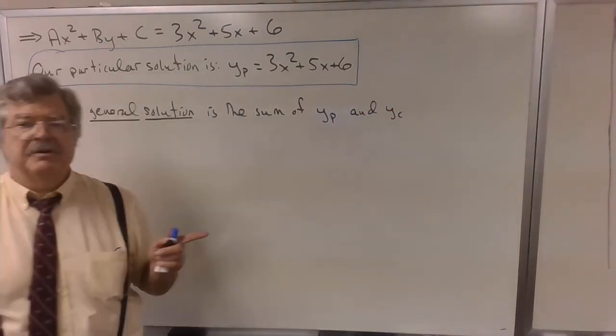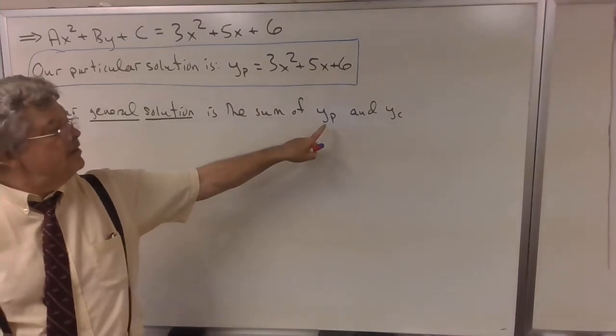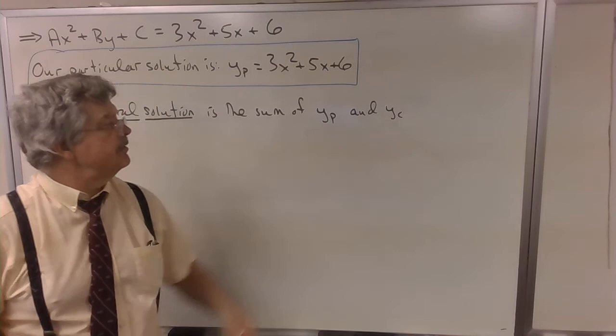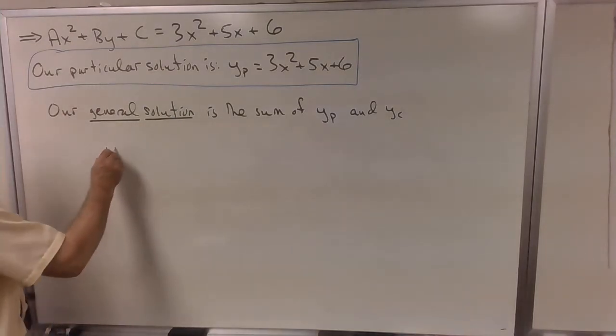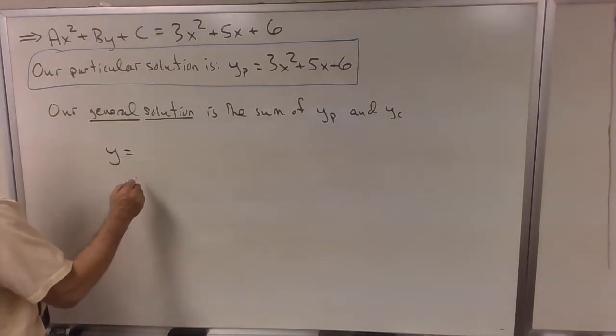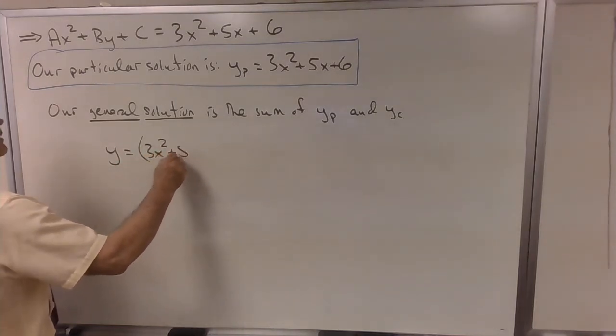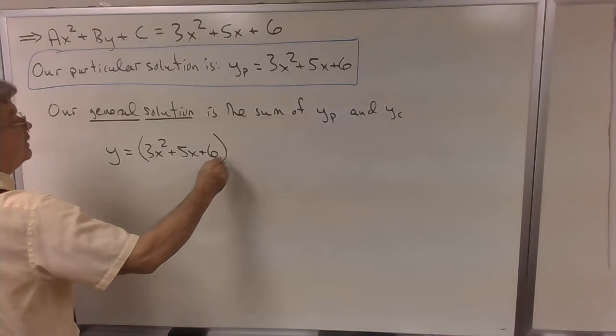Our general solution, it's the sum of any particular solution plus the complementary solution. So our particular solution is 3x squared plus 5x plus 6.